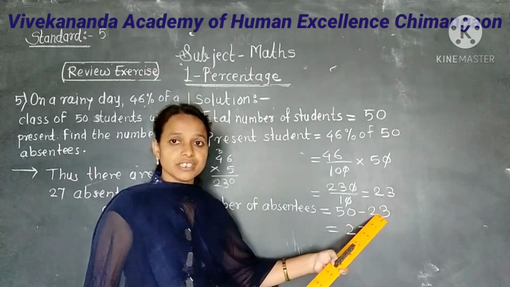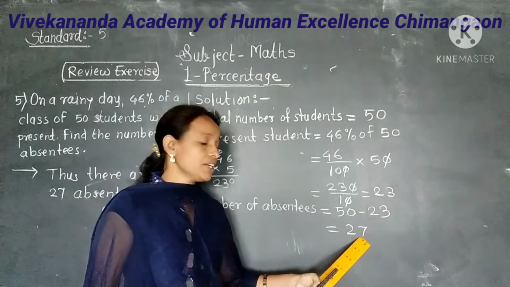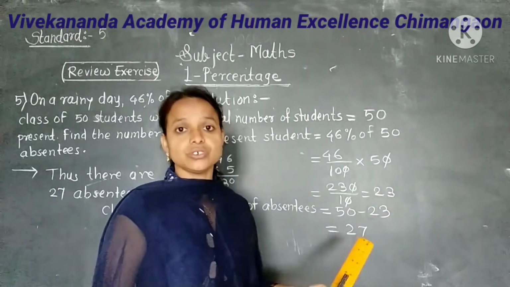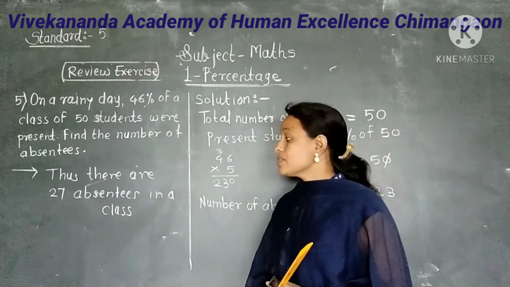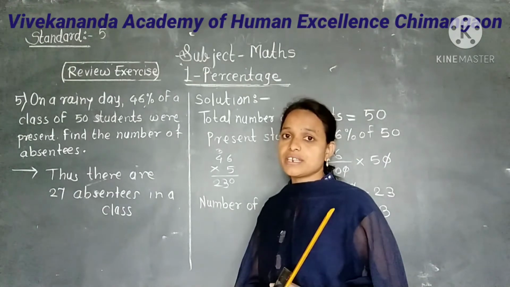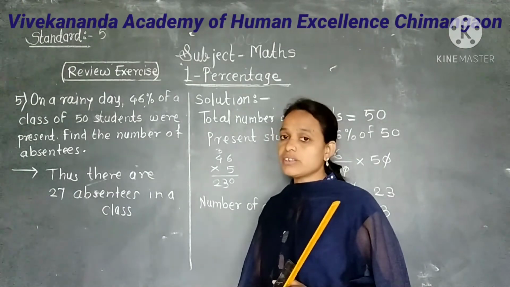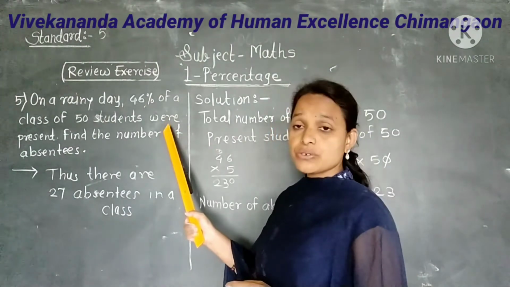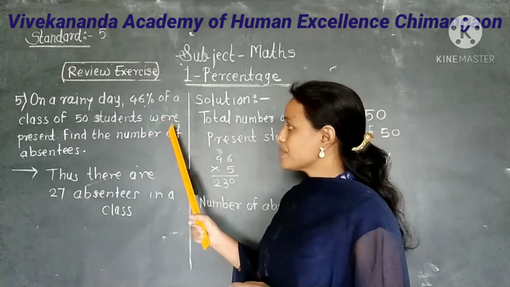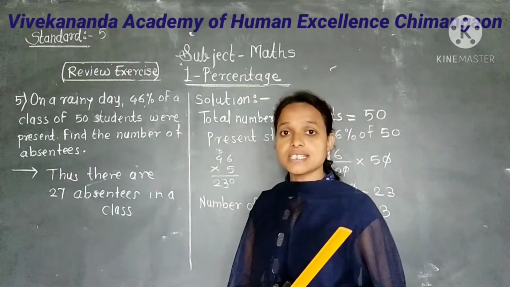So we subtract 23 from 50, we get 27. So thus there are 27 students absent in the class. On a rainy day, out of 50 students, present students are 23 and absent students are 27.